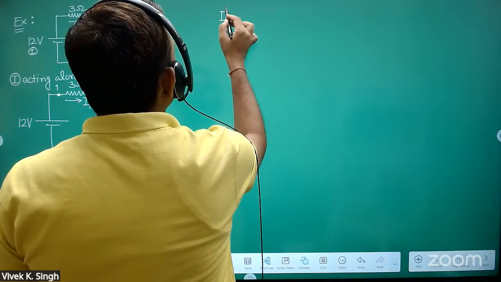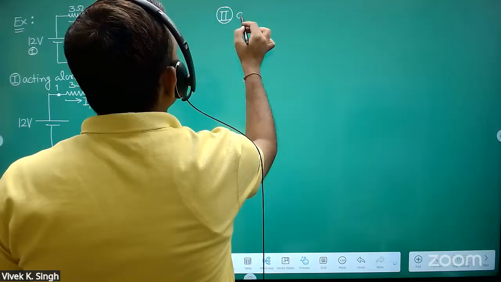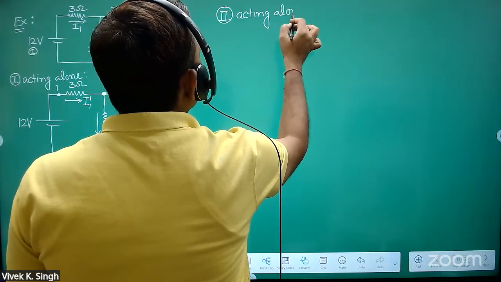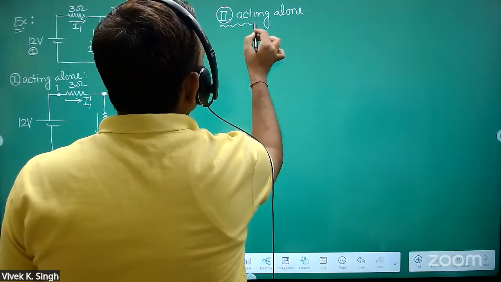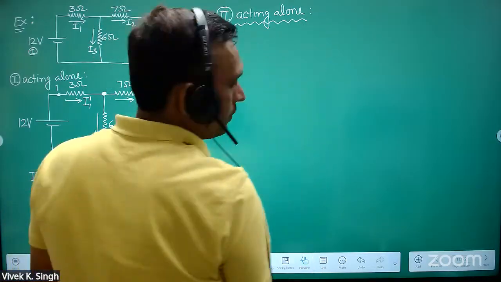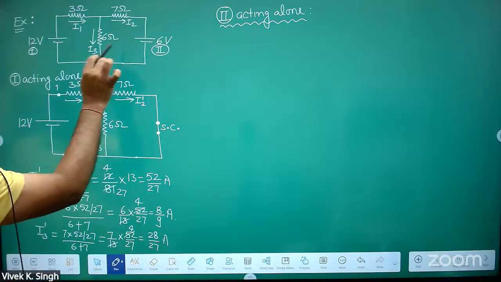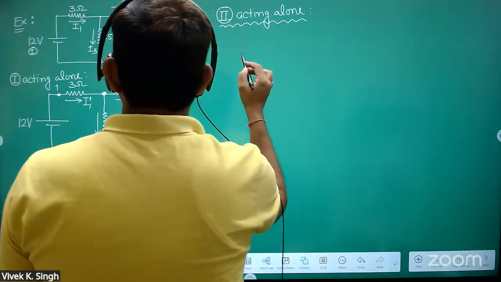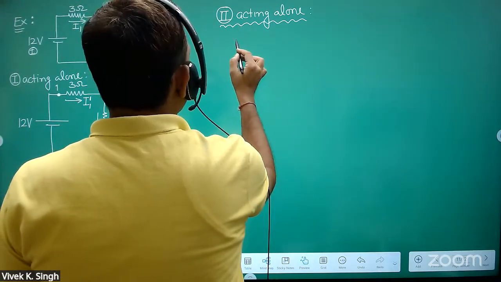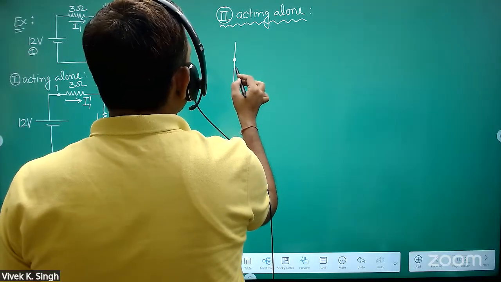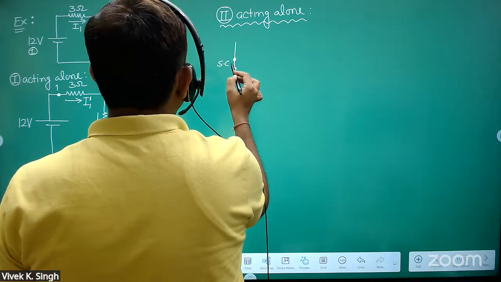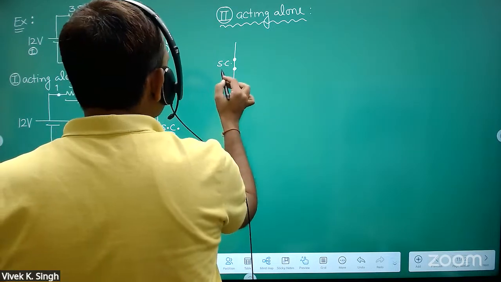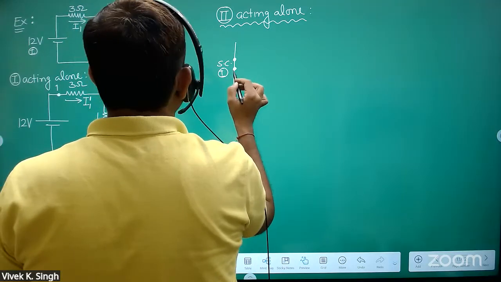And then voltage source 2 acting alone. So when 2 is acting alone, it means 1 is turned off. So source 1 is turned off and this is short circuited.